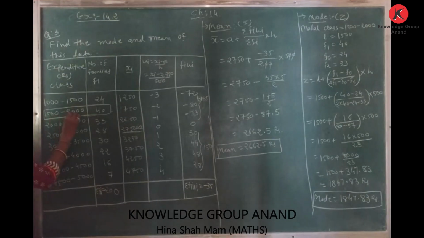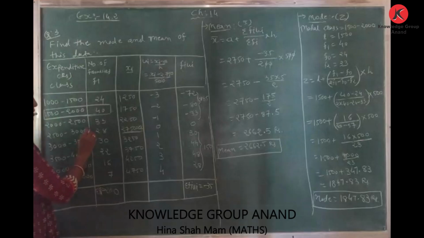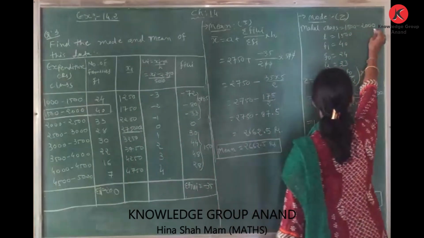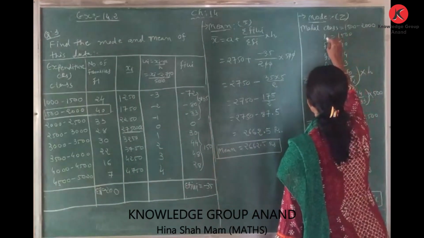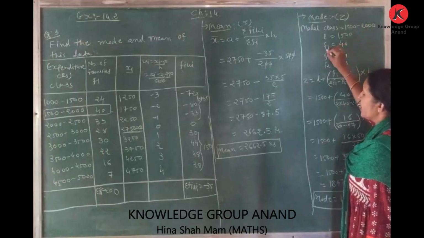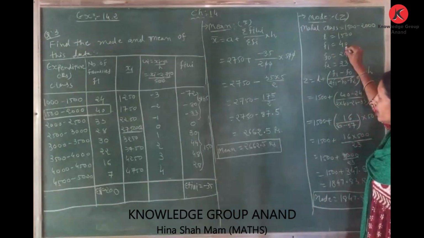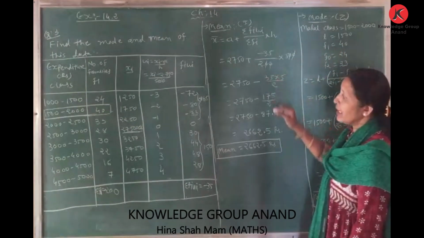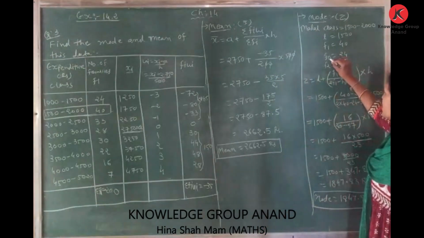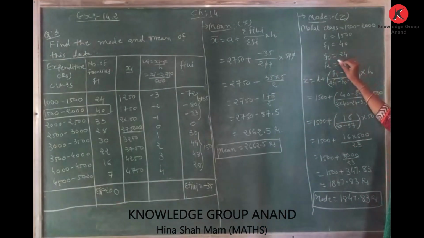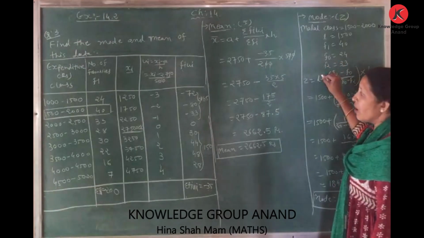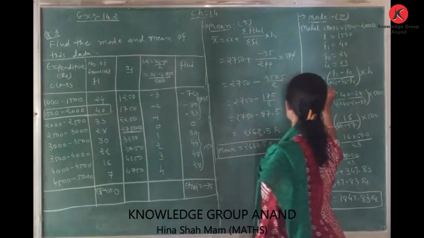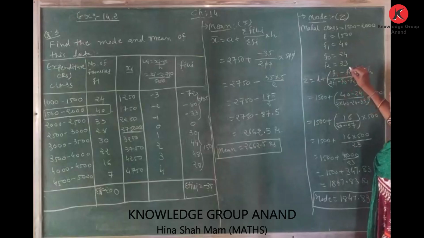Lower limit l of the modal class is 1500. Frequency of the modal class, f1, is 40. Frequency of the preceding class, f0, is 24. And frequency of the succeeding class, f2, is 33.